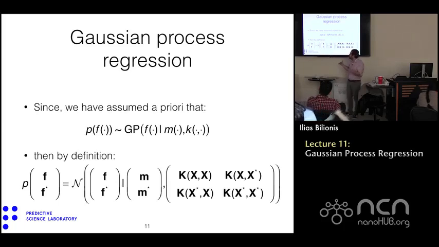So you can now consider the joint probability density of the observed Fs, the observed outputs, and the outputs on the test points, which are completely arbitrary. So you can consider the joint density of both your observed outputs and some hypothetical outputs on which you may want to evaluate your function.